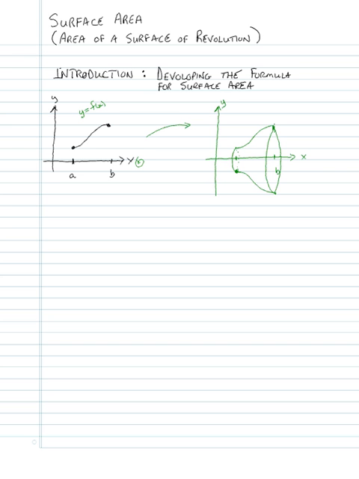Now, we're going to do this in ways that we've done in the past. We're going to break this curve into little pieces. And then for that little piece that we rotate about the x-axis, we're going to decide if we can calculate the surface area of that little strip that we have.